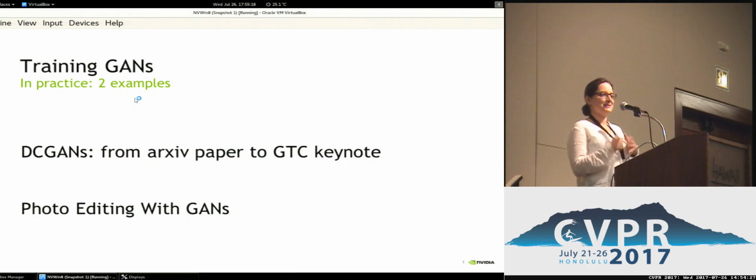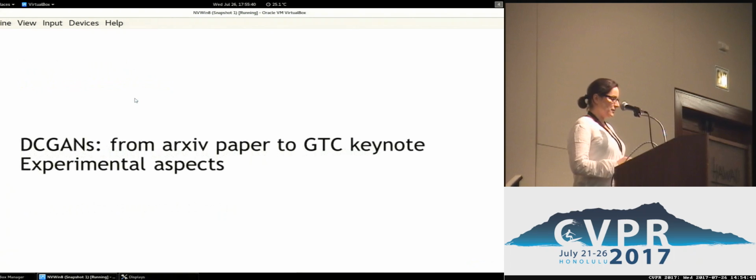But between arXiv and actually showcasing that paper, we went through interesting stories, and that's what I'm going to share with you. The second one is a lab we started to teach students how to do photo editing with GANs. Again, some things are very interesting and easy to comprehend, but others need a little more work, and that's what I'm going to try to show.